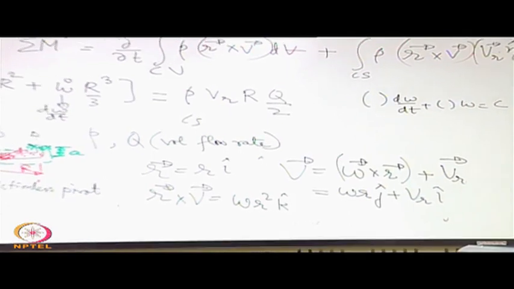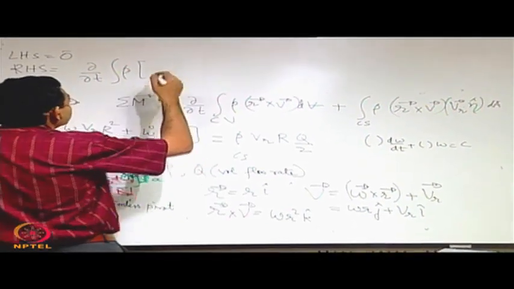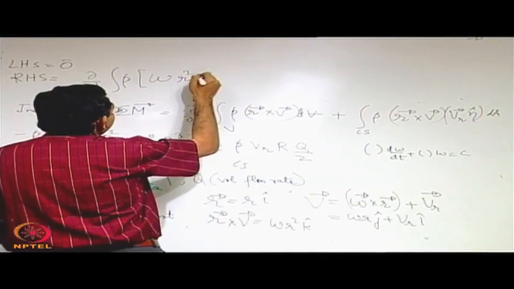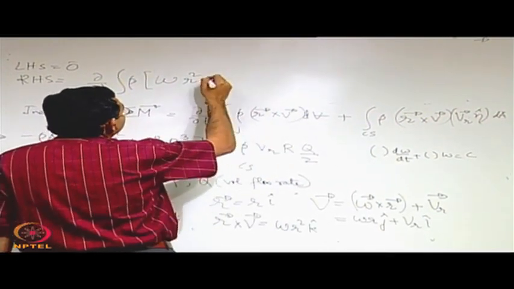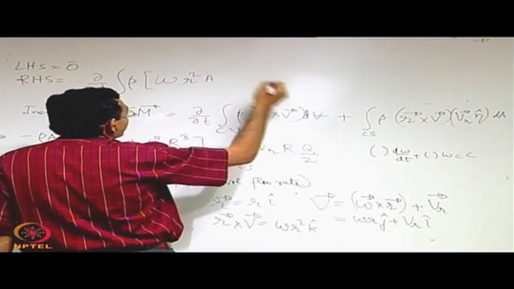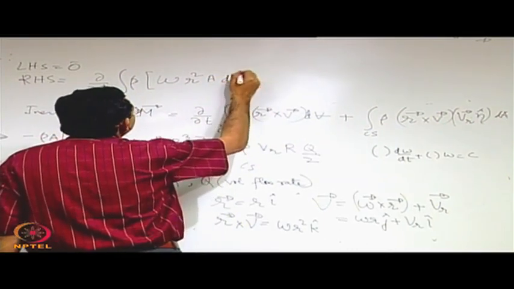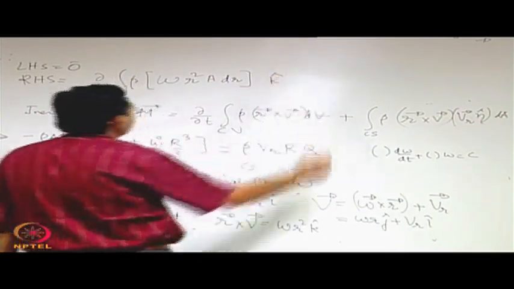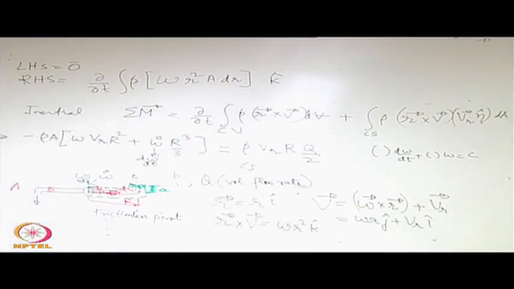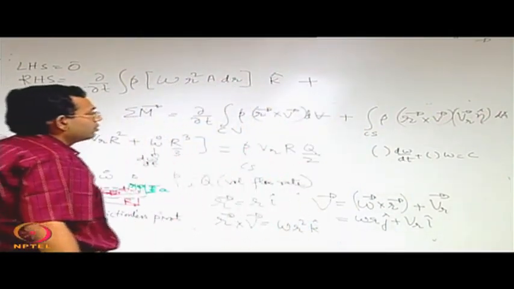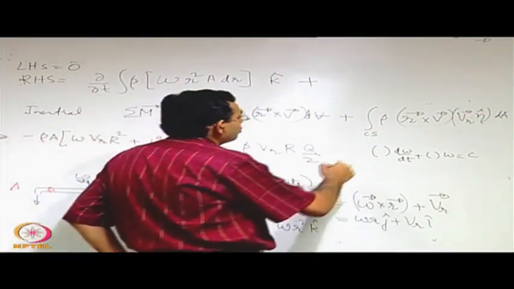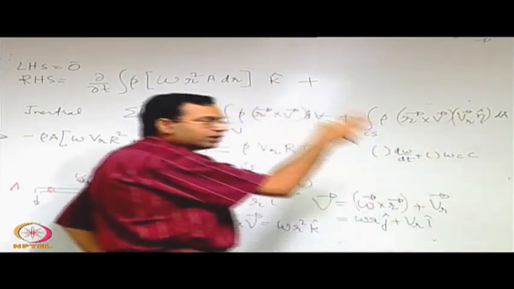Then you write this as omega r square, then in place of dV, a dr, this thing k, then plus, again you assume uniform velocity distribution.